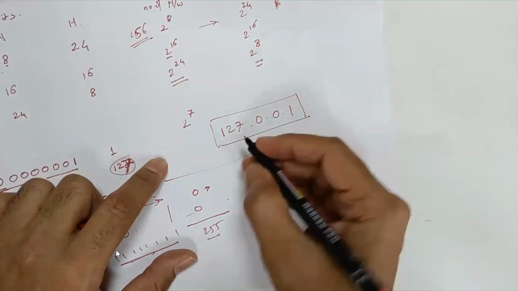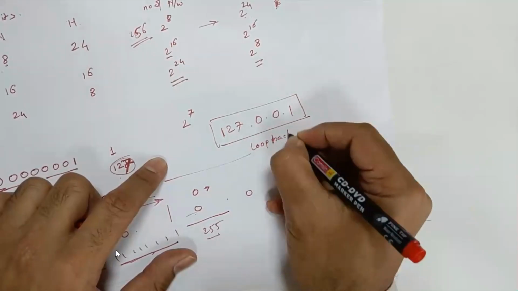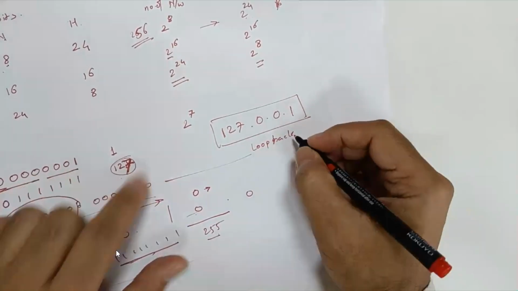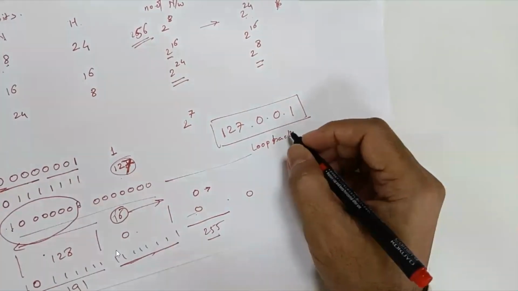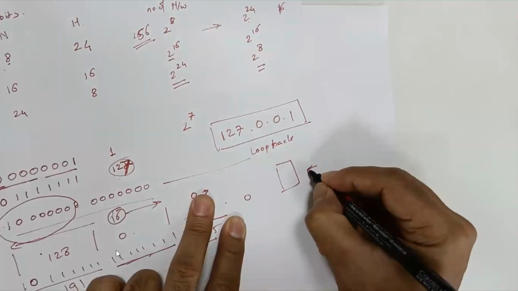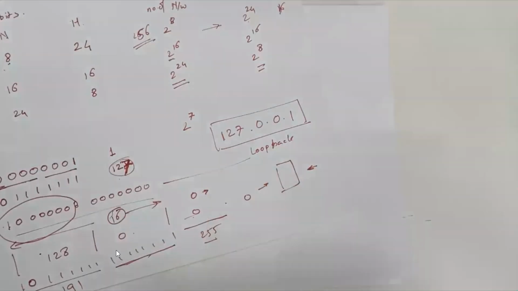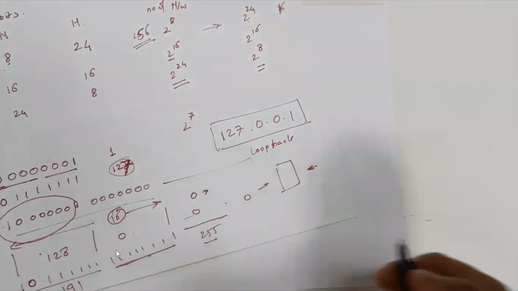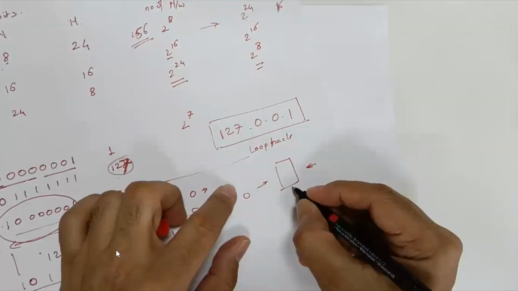This is called the loopback address. That means, let's say you are not connected to any network, but you have a LAN card. You have a standalone machine. You are not connected any cable to this machine, or it is not connected wirelessly to the internet. There is no internet on this machine, but there is a LAN card.